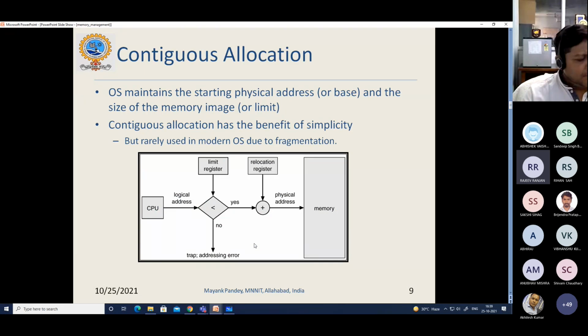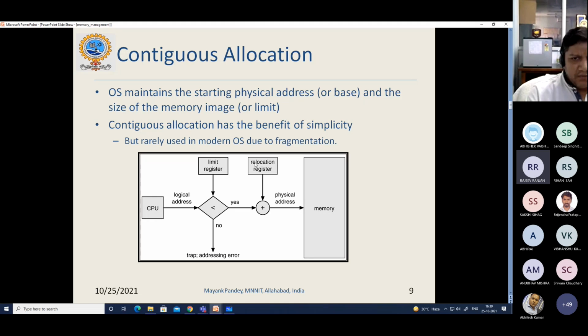But contiguous allocation is easier. The translation from logical address to physical address is easy. What does the OS have to do? The OS has to maintain the starting physical address, or base, and the size of the memory image, or limit.